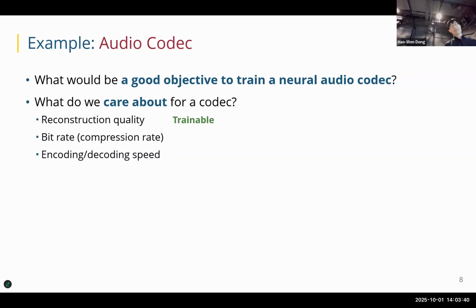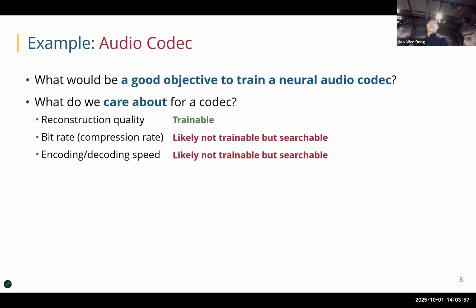Reconstruction quality is trainable, because it's just like doing a regression. Basically, you want to change those numbers so that the reconstruction is better and captures the original sounds. Bitrate is likely not trainable. There are some ways you can train for it, but usually these are discrete things that you cannot train for.